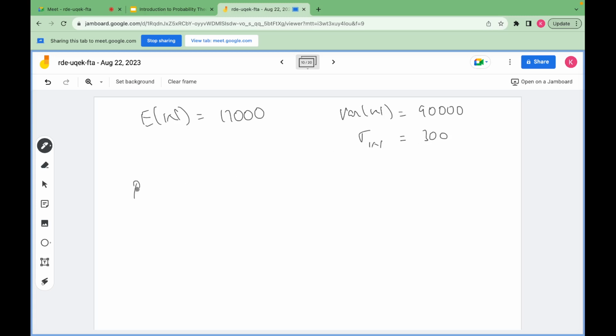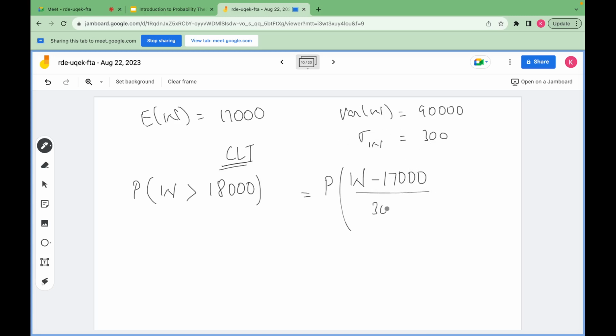So we need to find the probability that this W should exceed 18,000. Using the central limit theorem, we say that W minus 17,000 divided by 300 is greater than 18,000 minus 17,000 upon 300.